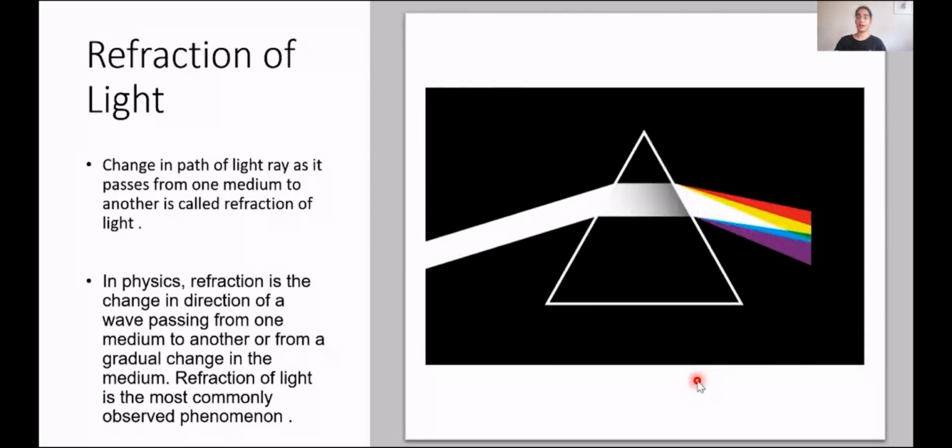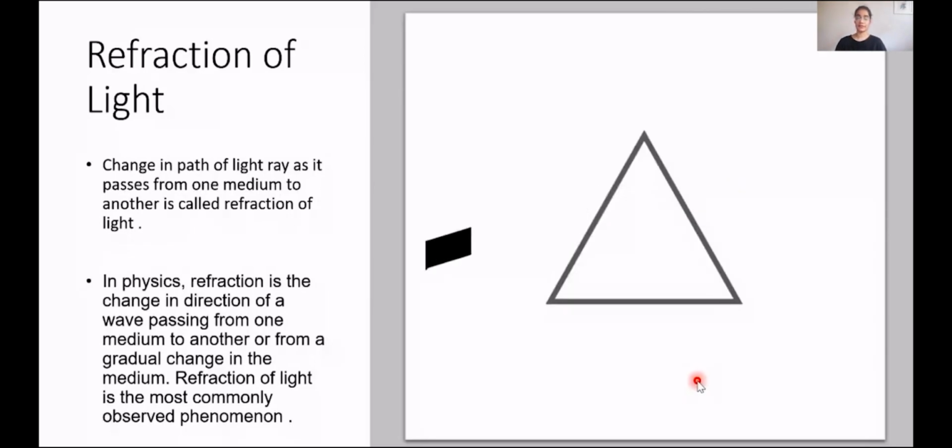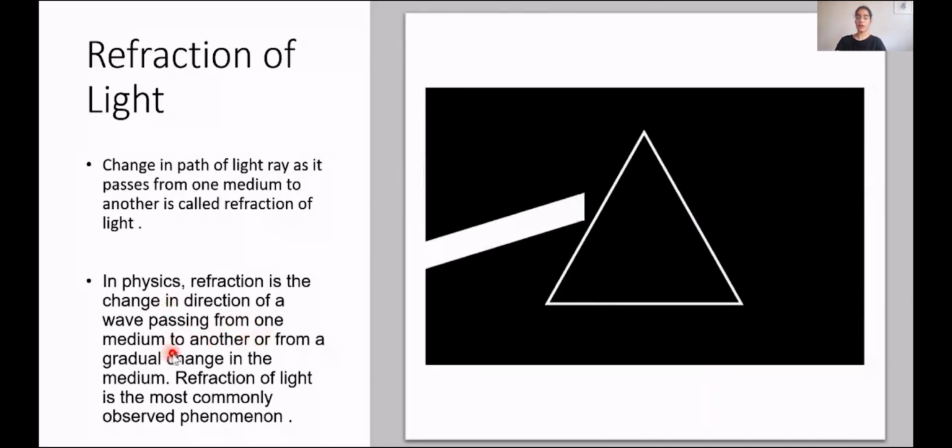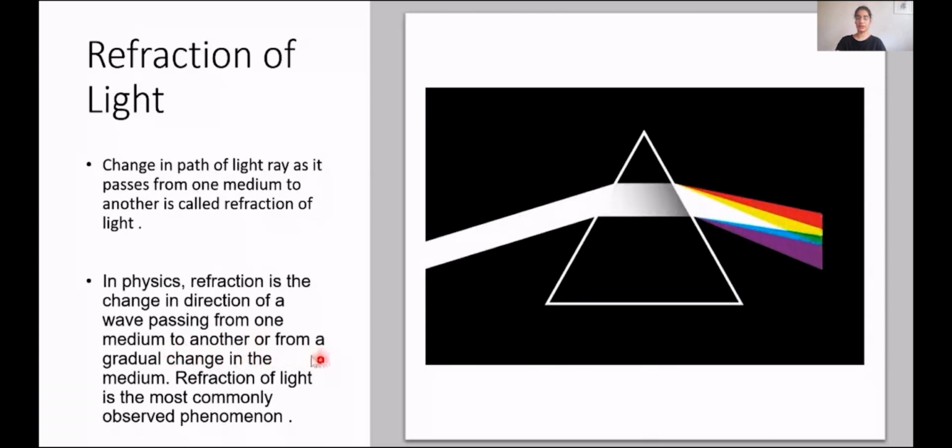So if you are describing refraction in terms of physics and not just refraction of light, you will say that refraction is defined as the change in direction of a wave passing from one medium to another, or from a gradual change in the medium. Refraction of light is the most commonly observed phenomenon.